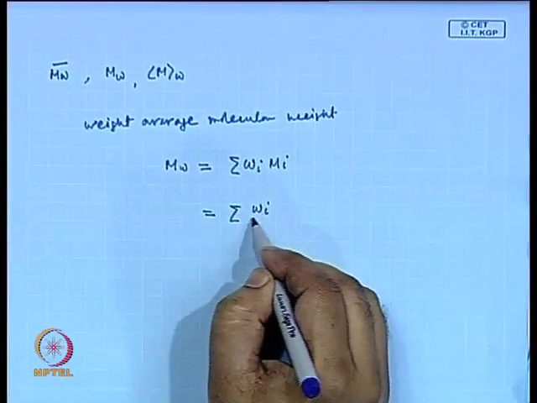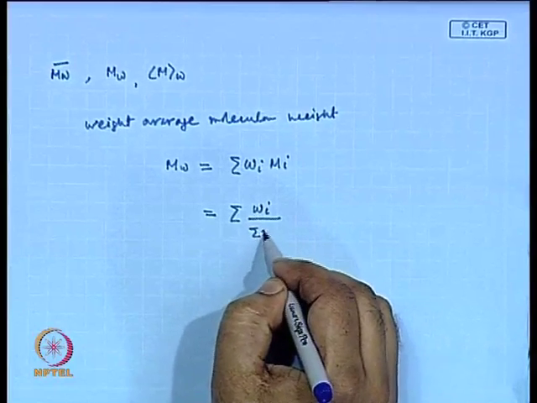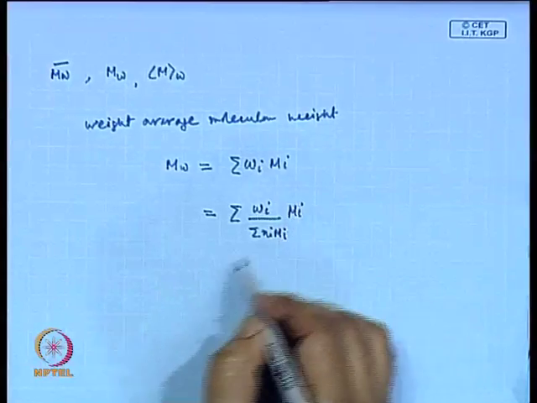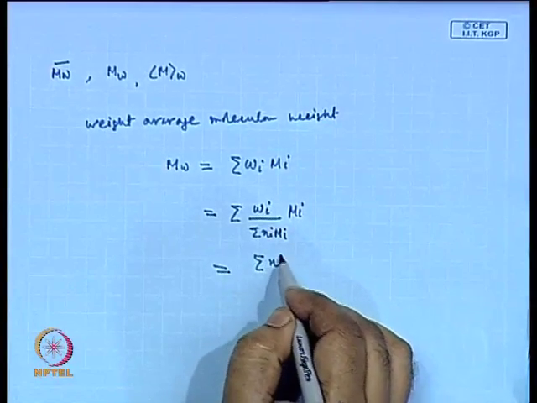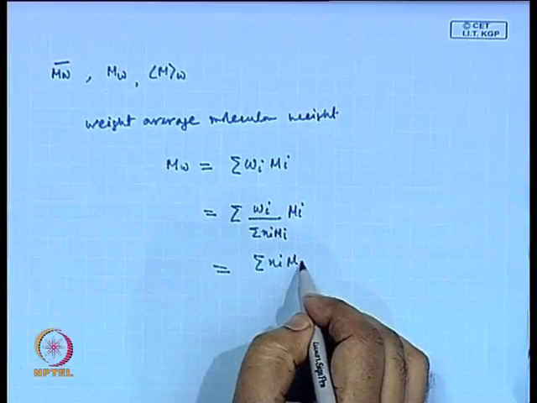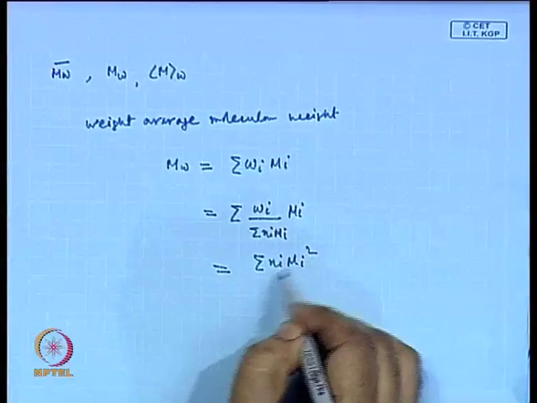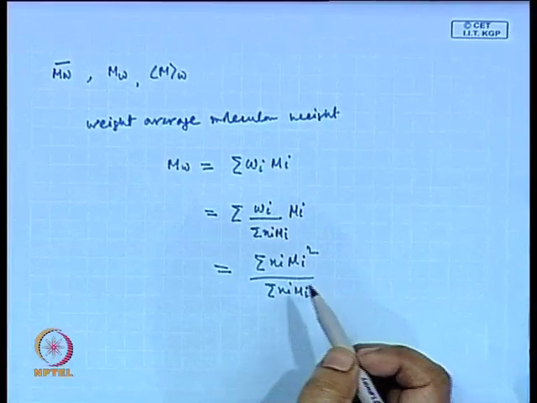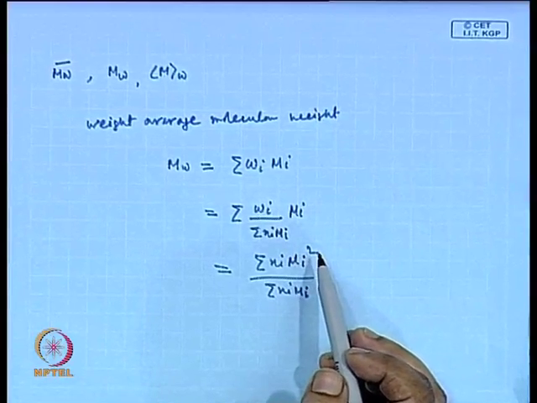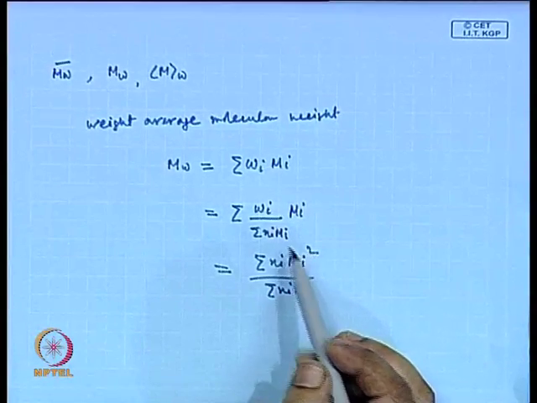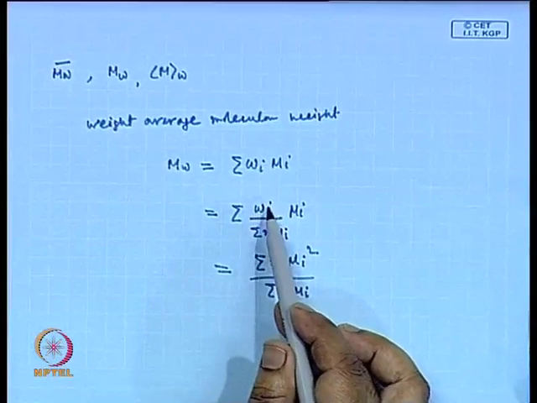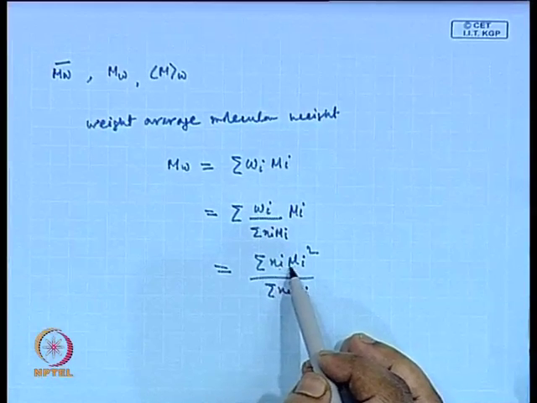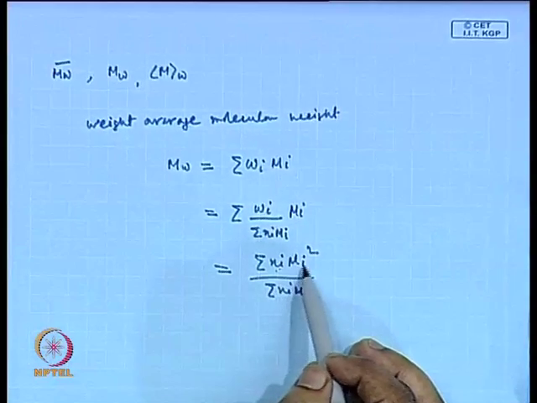So, I can write the weight fraction as the weight of the individual fraction divided by the total weight, and the individual fraction is given by Ni Mi. So, you have another Mi, which will give you Ni Mi square.